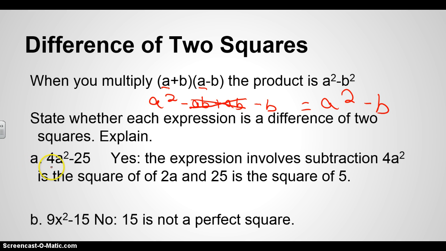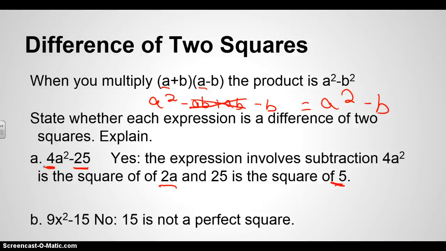Well, yes it is, because 4a squared is the square of 2a, and 25 is the square of 5. Since 4 and 25 are both square numbers, then yes, this expression is a difference of two squares.